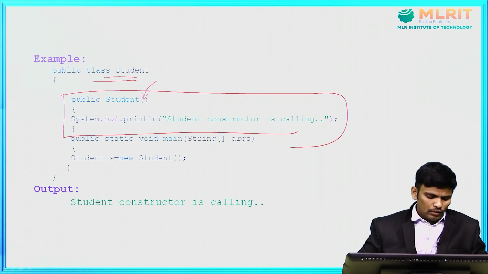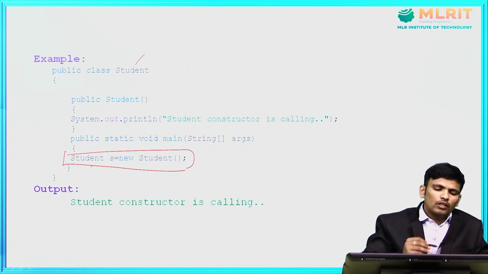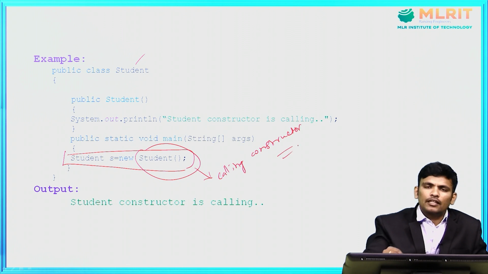As I mentioned, whenever you create an object of the class, here I created an object of the class Student, the constructor will be called. Here you are calling the constructor, and you are not passing anything.